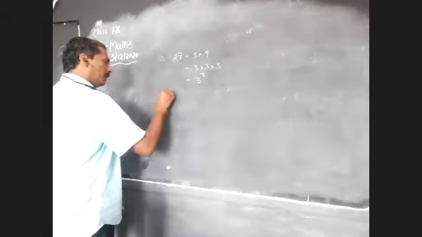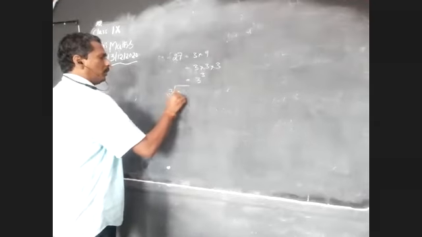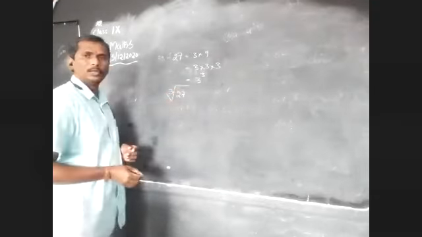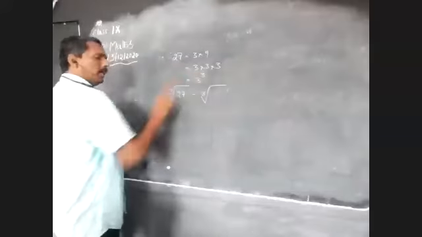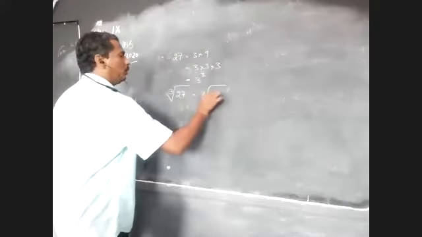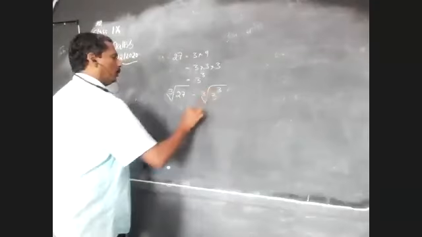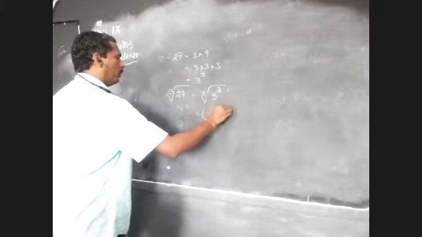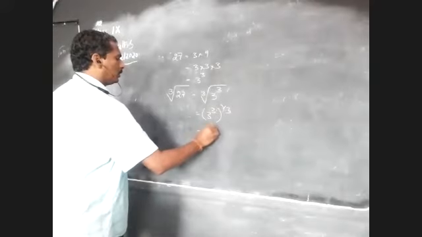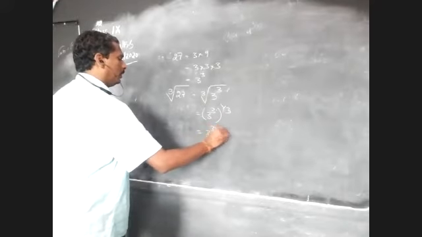Suppose the cube root of 27 is given. 27 can be written as 3 cube, so the cube root of 3 cube can be written as (3 cube) whole to the power of 1 by 3. So 3 to the power of 3 into 1 by 3; the powers cancel and what is left is 3. The cube root of 27 is 3.